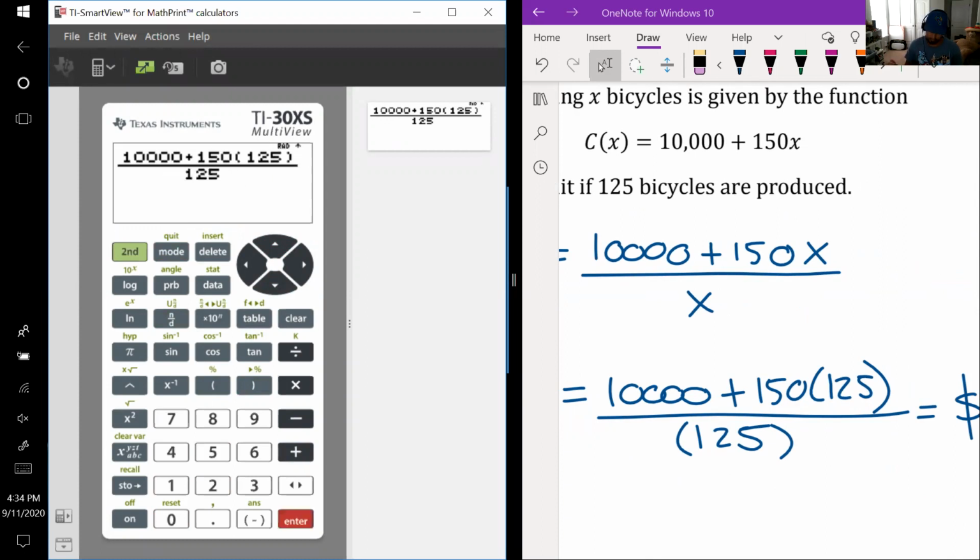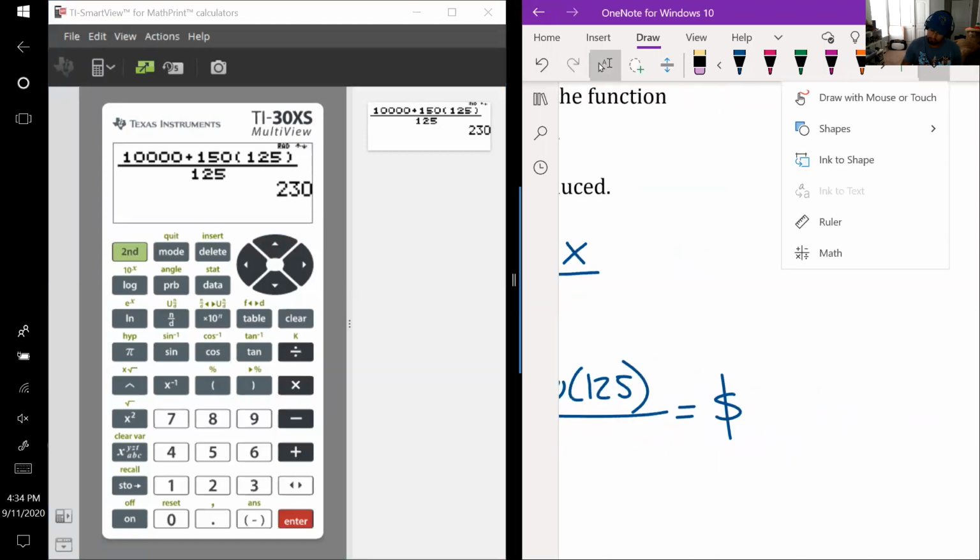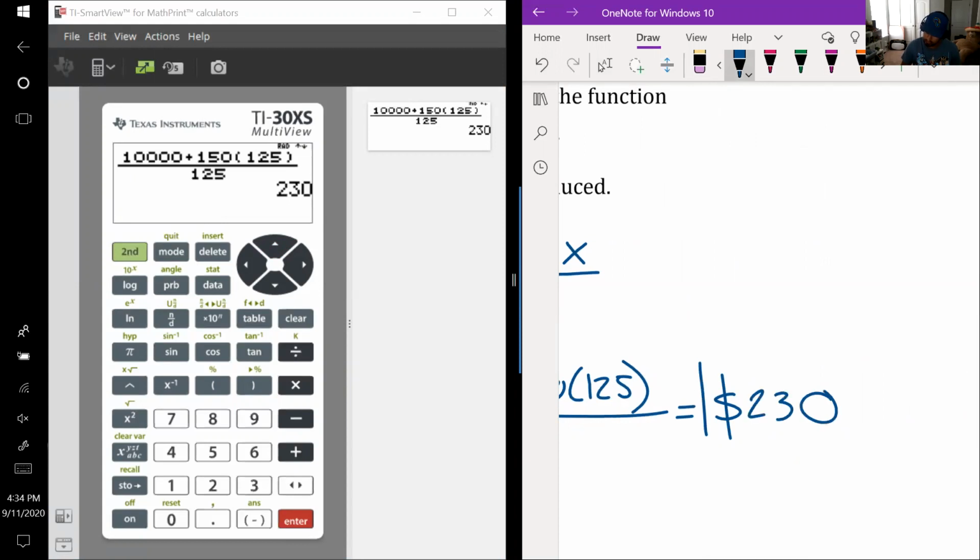And enter. And we get $230 is the average cost per bicycle if we produce 125.